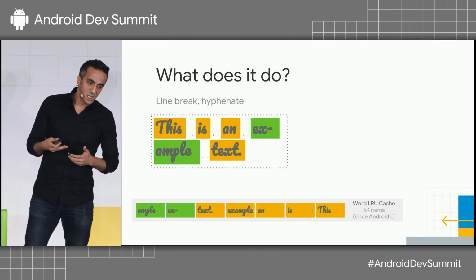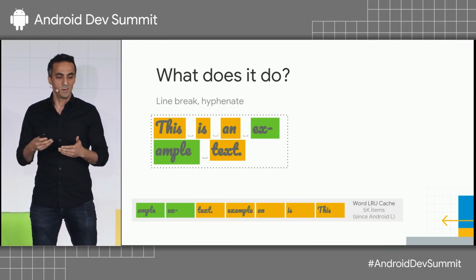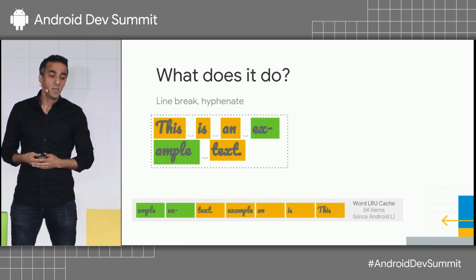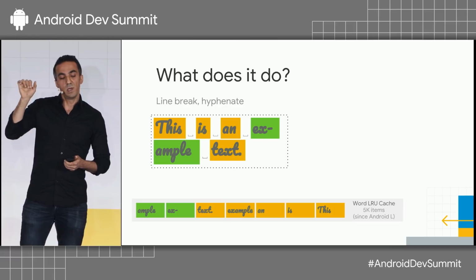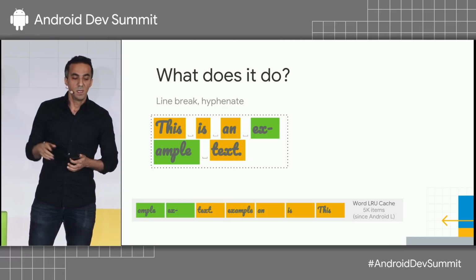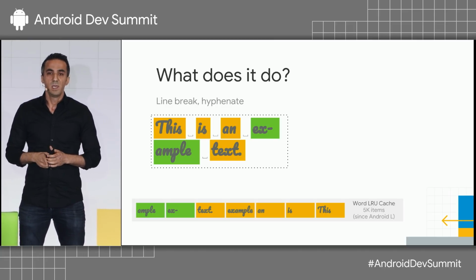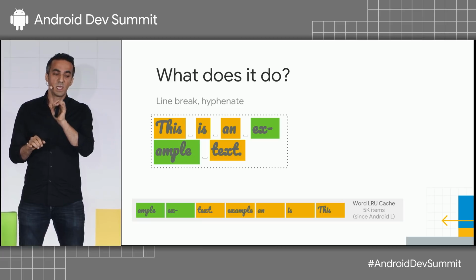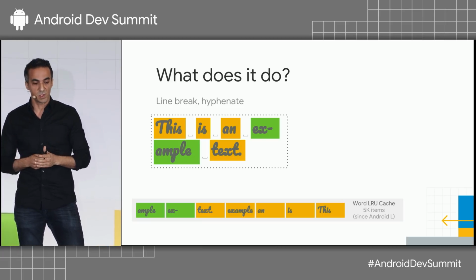So one valid question here is, why does turning hyphenation off improve the performance twice? It's mainly because whenever it tries to hyphenate, it has to apply text shaping for more words. Let's say in here, example is divided into ex and ample. It has to do two more shaping operations on two more words.